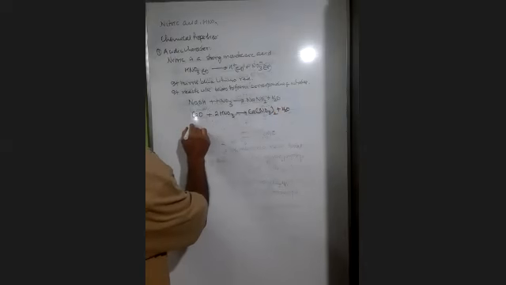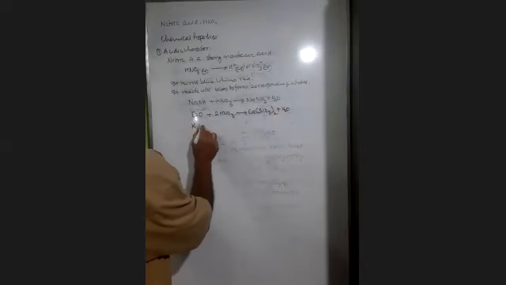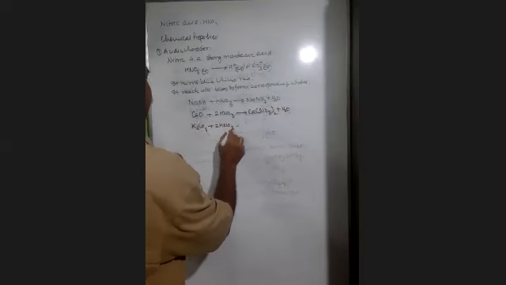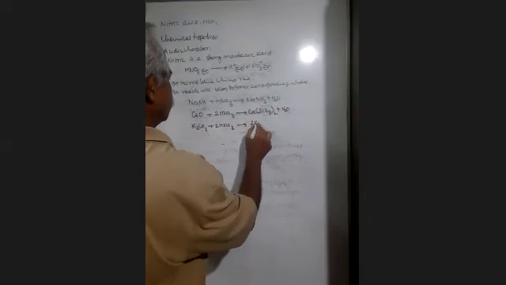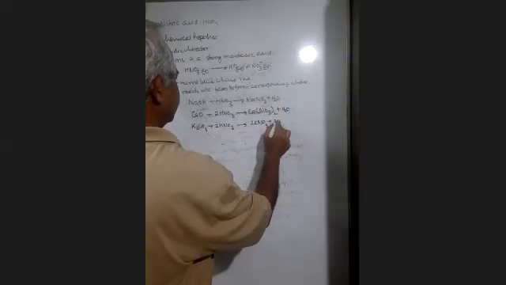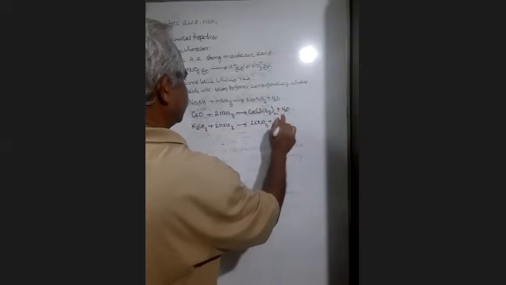Suppose you have taken carbonates, potassium carbonate, 2HNO3, it will give you 2 potassium nitrate, H2O, and carbon dioxide.